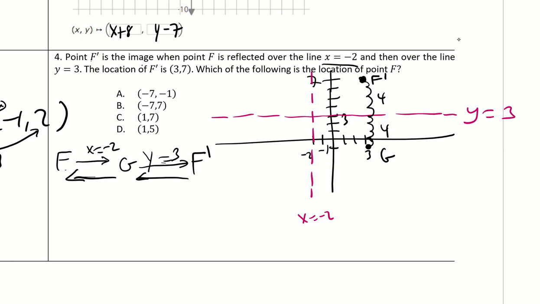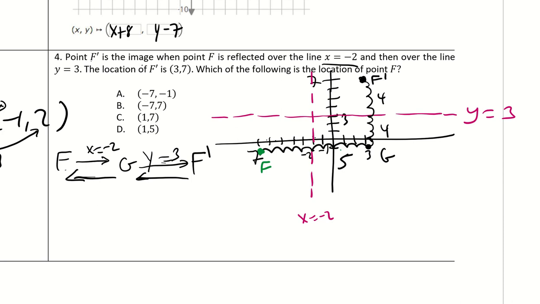So that's G. And then I got to reflect across x equals -2. That's 1, 2, 3, 4, 5, so I got to go 5 on the other side. 1, 2, 3, 4, 5, so that's 1, 2, 3, 4, 5, 6, 7. So this is an x value of 7 here, and this is where my point F is.